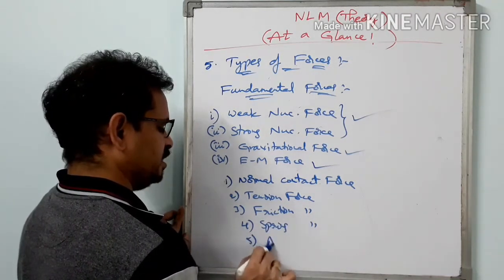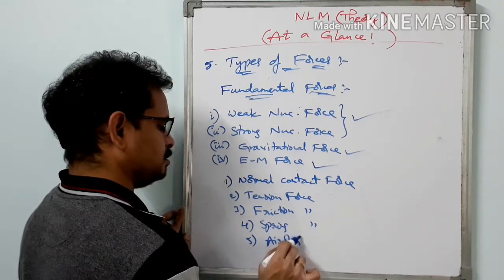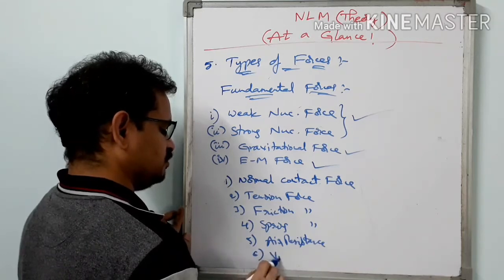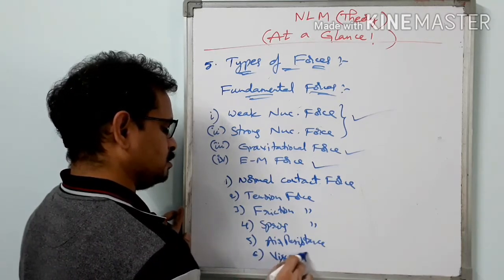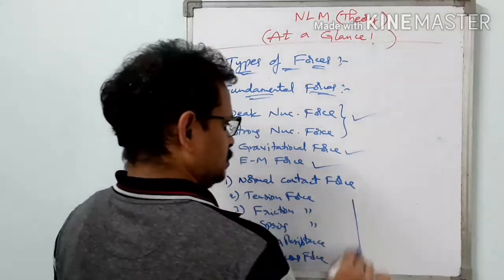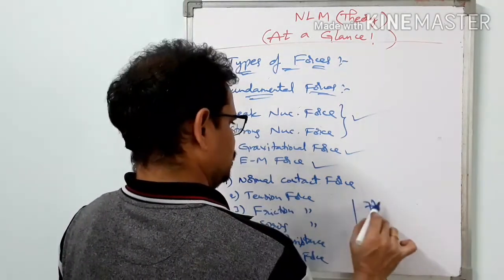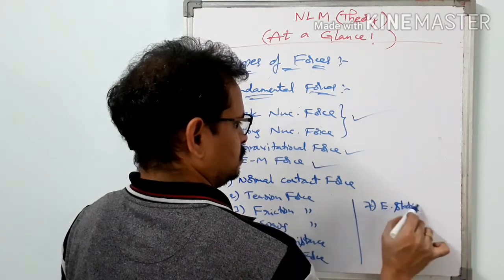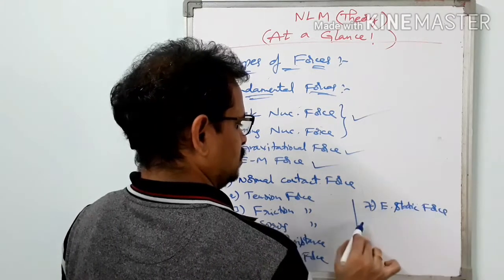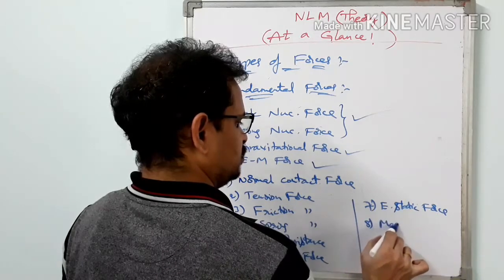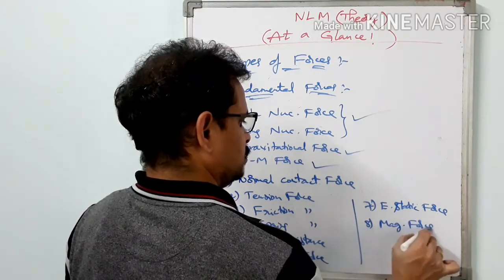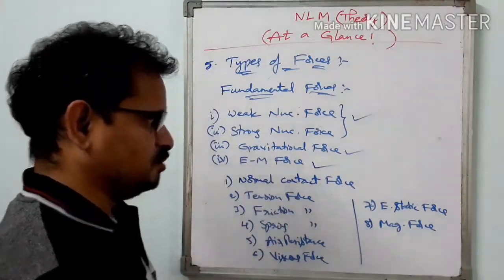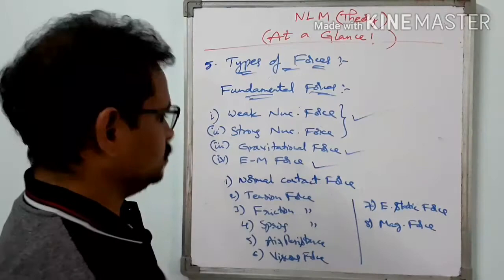Number five, air resistance. Number six, viscous force. Number seven, electrostatic force. Number eight, magnetic force. All these forces come under electromagnetic force here. So, got it?